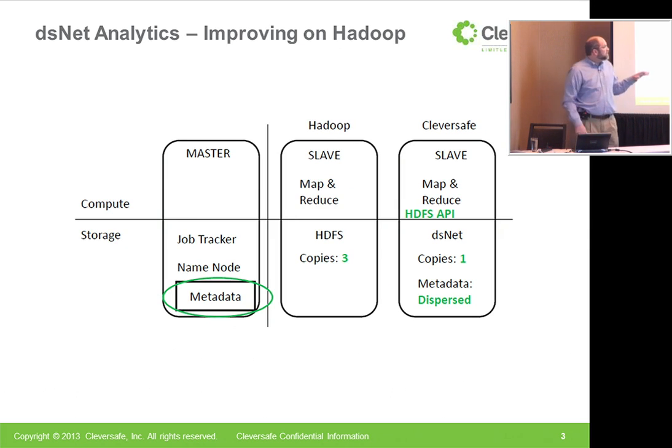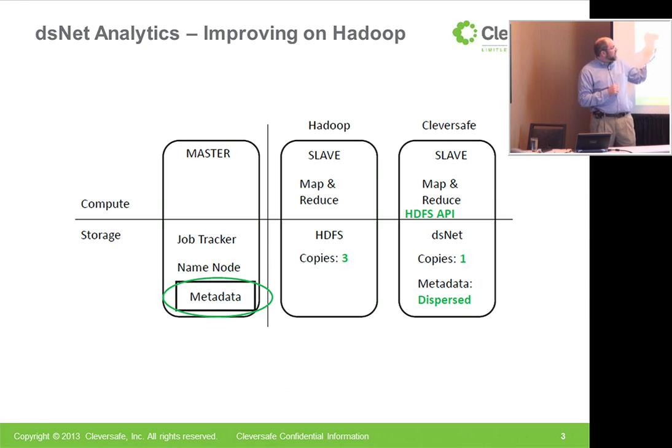So we basically take stock standard Hadoop, we change nothing about the compute level. So from the point of view of how you create jobs, what jobs look like, whether you can run the exact same job on dsNet Analytics and any other Hadoop cluster, yes you can. Everything's exactly identical on dsNet Analytics to any other Hadoop environment that you would find out there in the market or in the world.